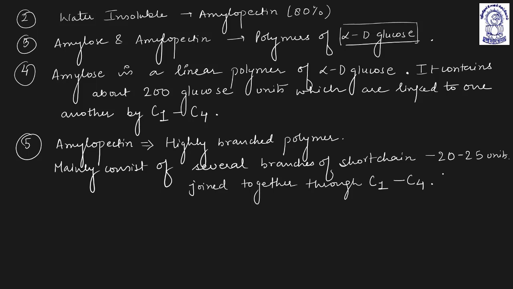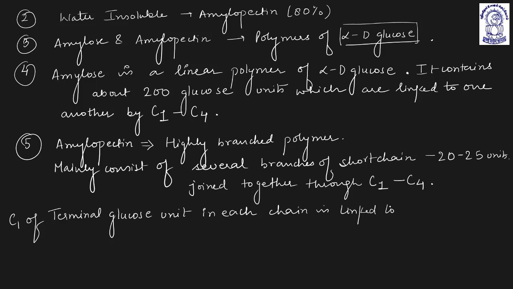The terminal glucose unit, that is C1 of the terminal glucose unit in each chain, is linked to C6 of another glucose unit to make a branching.